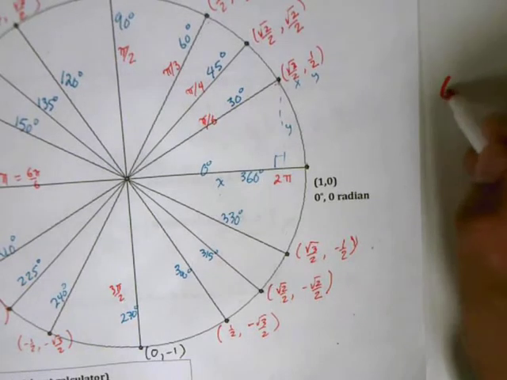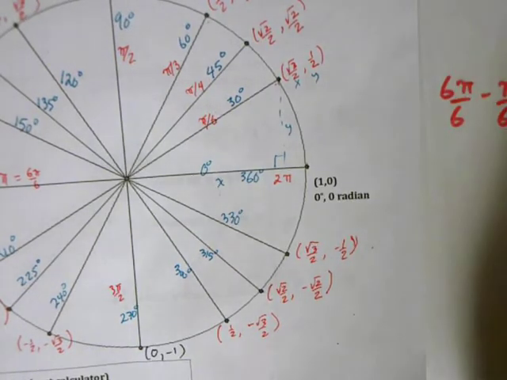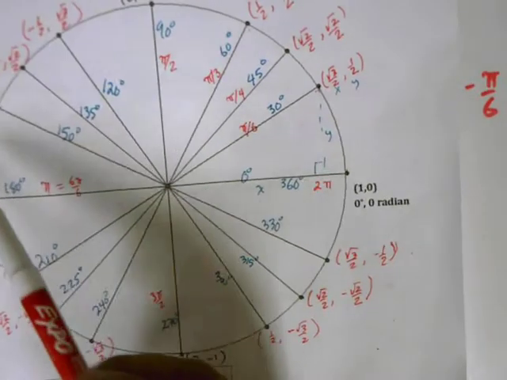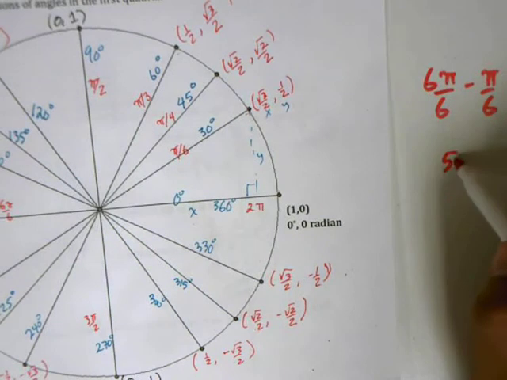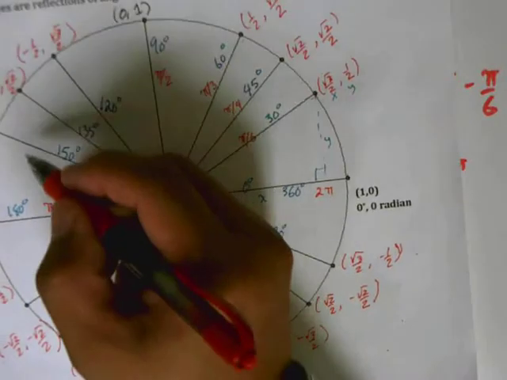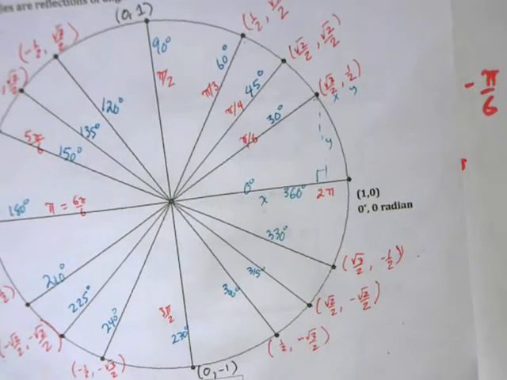I can go from 6 pi over 6 minus pi over 6, and that's how I'm going to get to this point here. Well, that's just 5 pi over 6. So this is now 5 pi over 6.